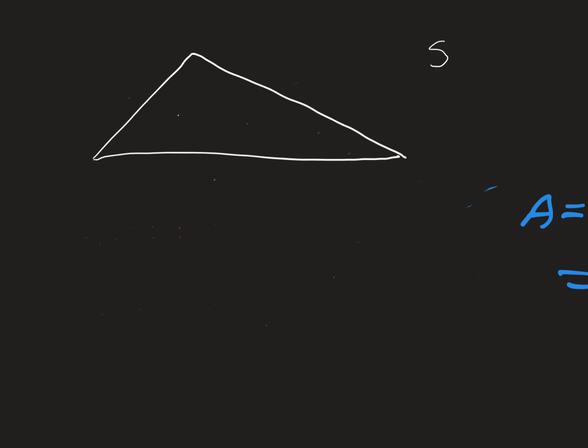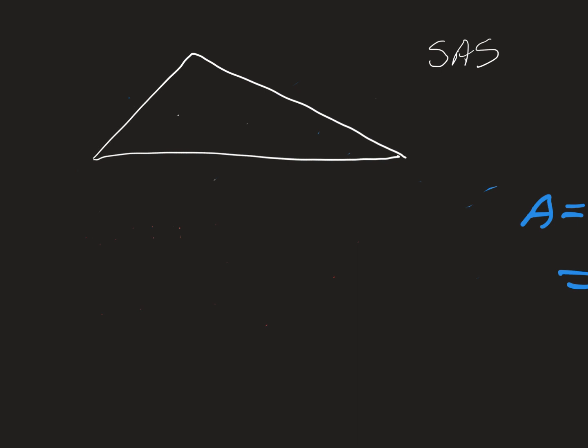As you can see, let's look at the first situation. What we want to do is draw a triangle, and we can draw any old triangle. In this triangle, we're going to be given two sides and an angle.